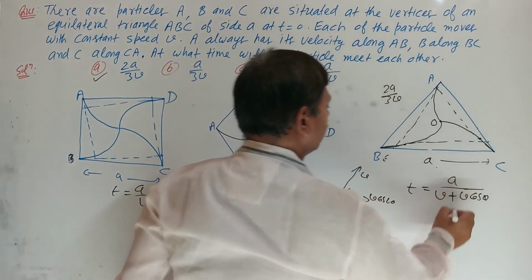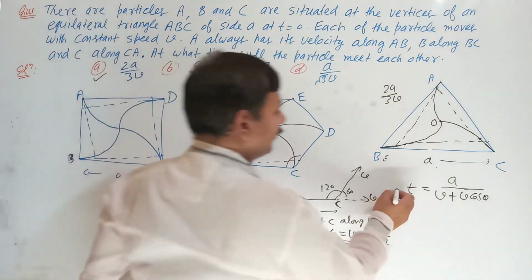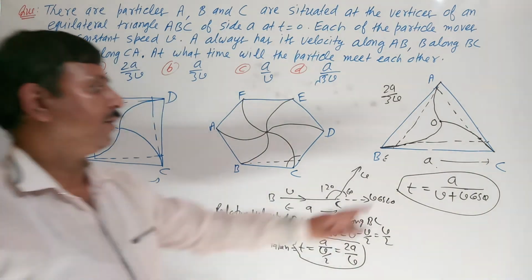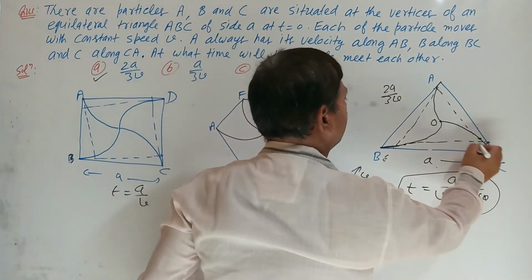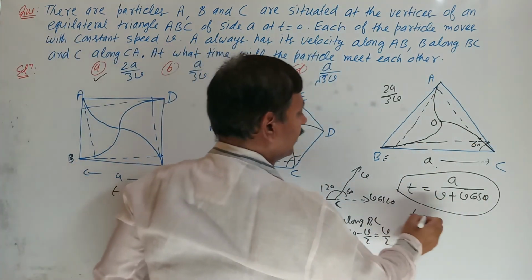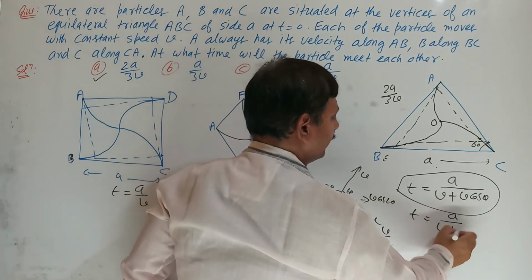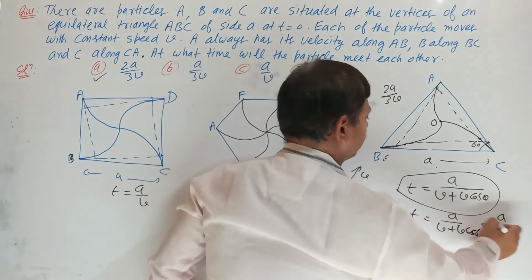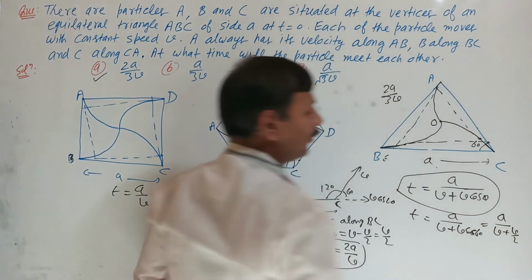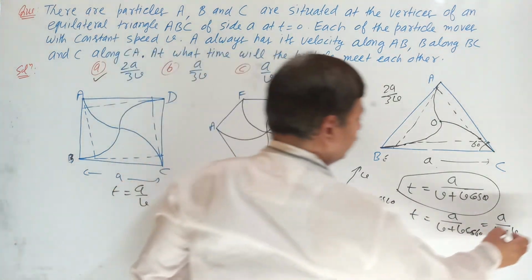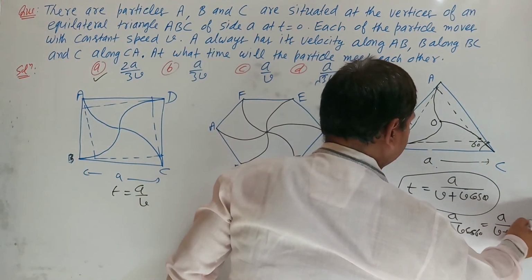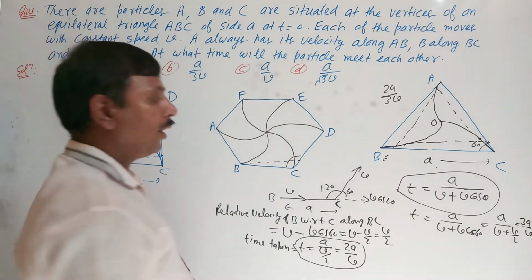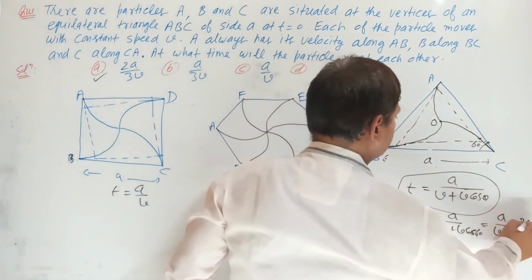Sorry, minus plus. We can formulate this also. The time taken is A upon V plus V cos theta. In the first question, theta is 60 degree, so T is equal to A upon V plus V cos 60, V plus V upon 2. It will come to A upon 3V.